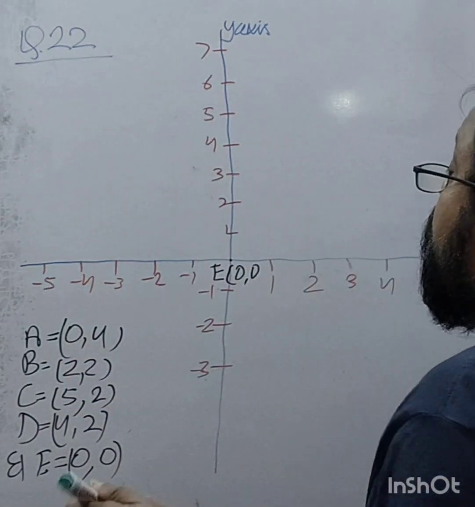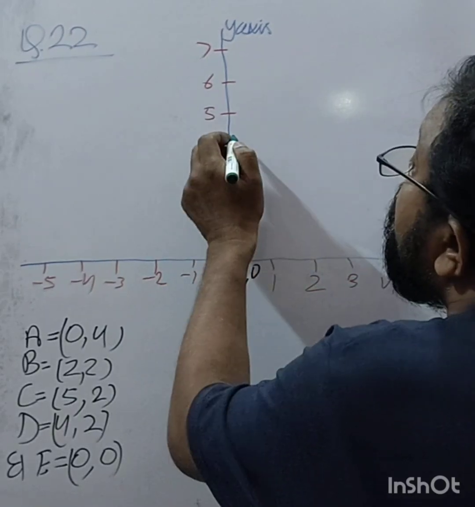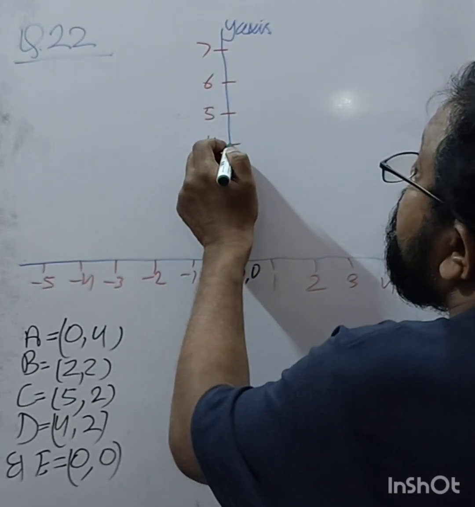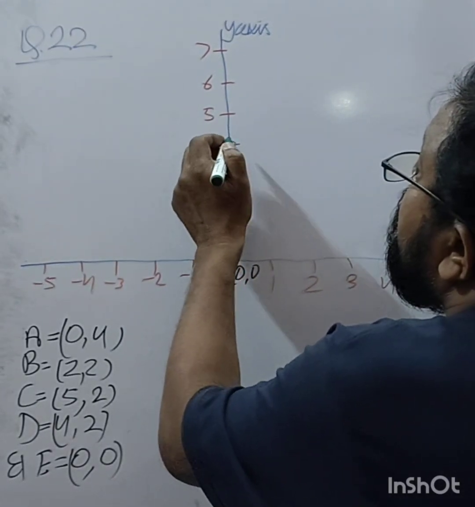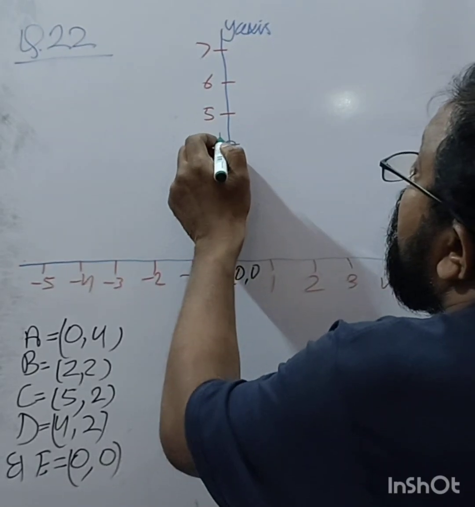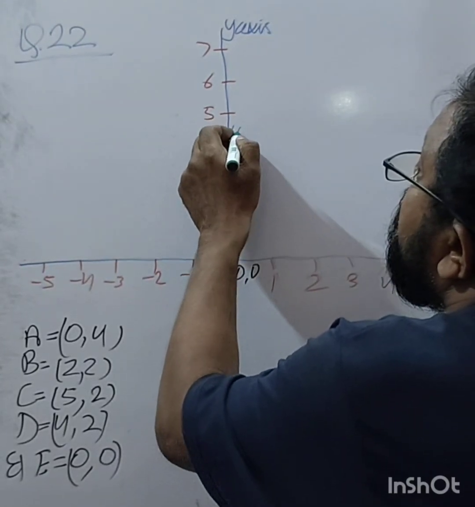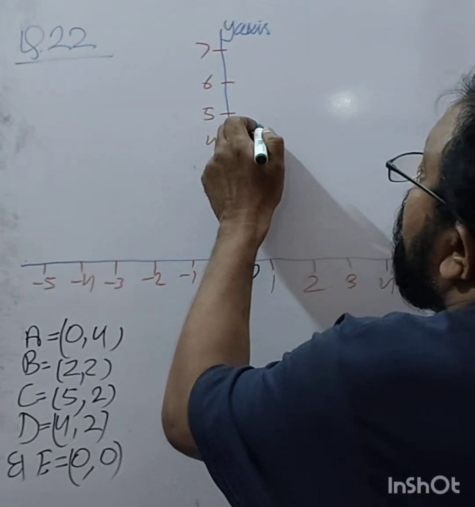Now we take first 0,4. 0,4 is this, right? So A is 0,4.